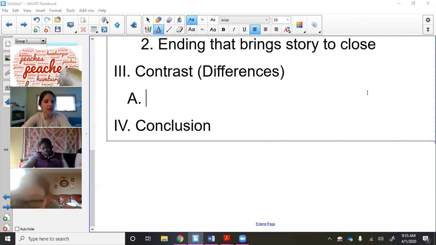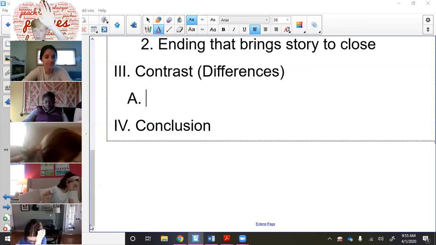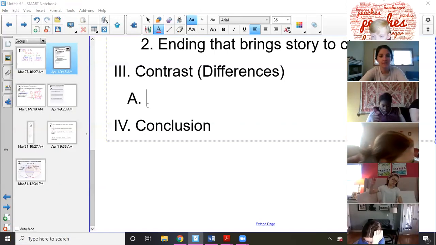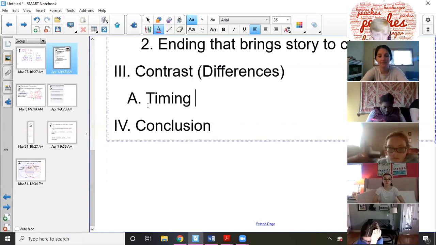All right, so let's go ahead and touch base on the first one. What is one of the things that they talk about in this? What's one of the first things at the beginning of that paragraph? They talk about what? Well, the book comes out before the movie. Good. So I'm going to put timing.